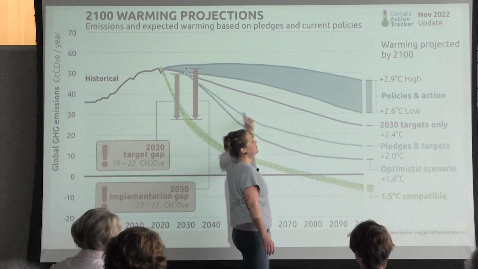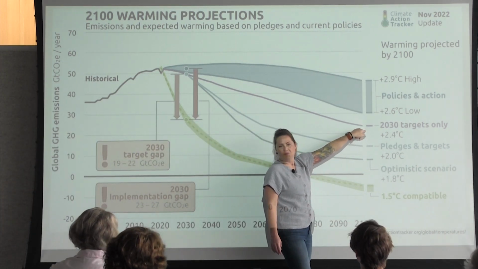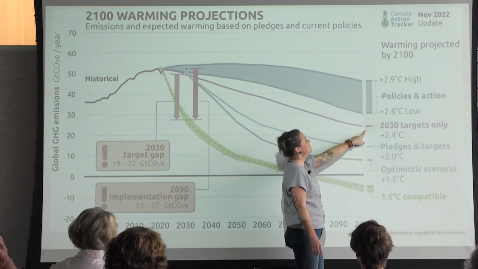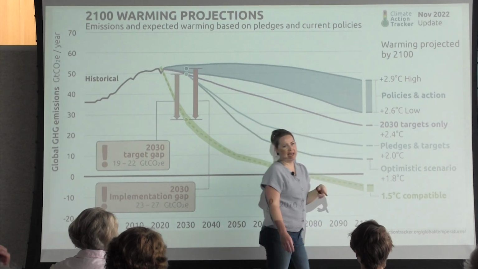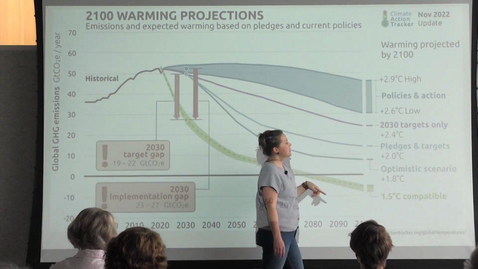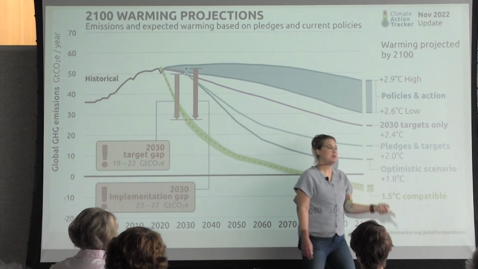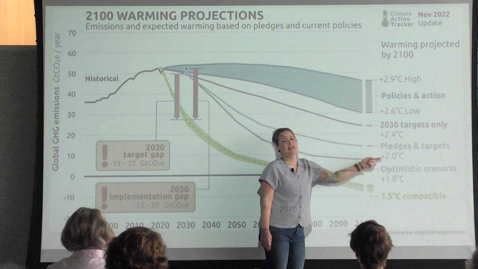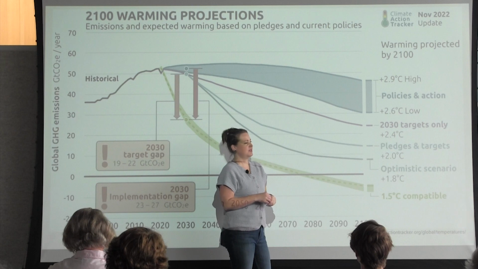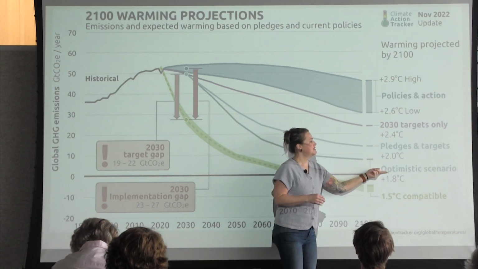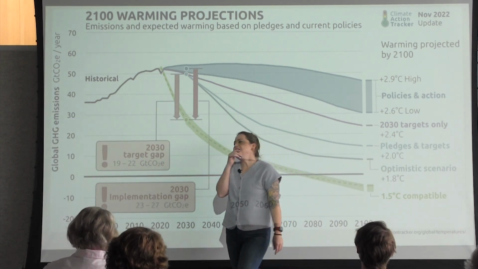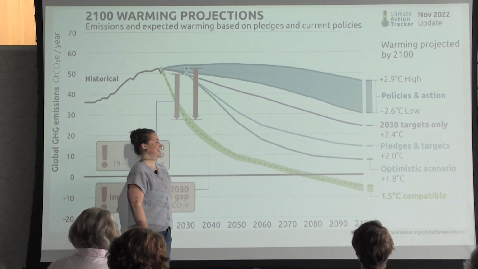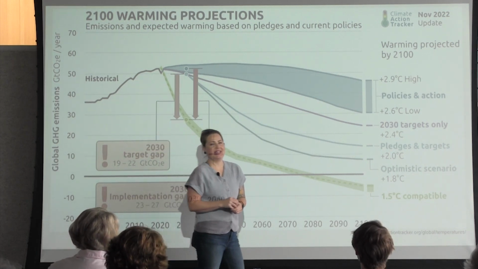If we hit our 2030 targets, which we're not, we're only like 7 years away from 2030, we're never gonna hit those, we would only go up by about 2.5 degrees. If all the hopes and dreams plus what we've already put into policy, we're looking at about 2 degrees Celsius. The optimistic scenario here is everybody just tomorrow woke up and was like, let's change this. That's the optimistic one at 1.8.